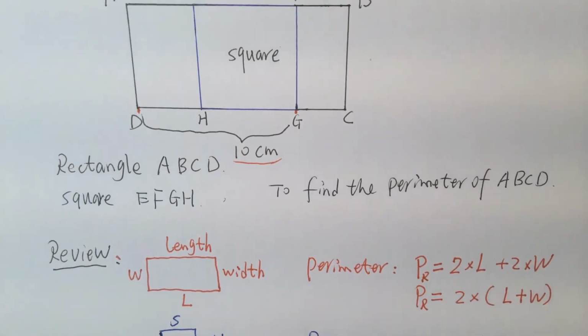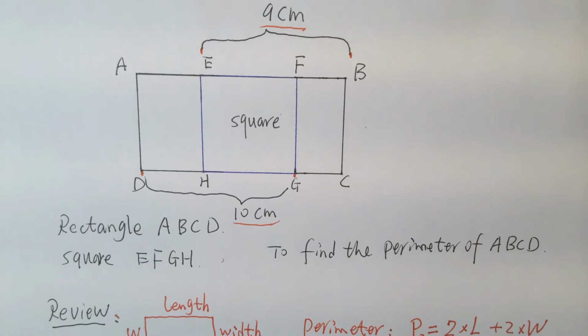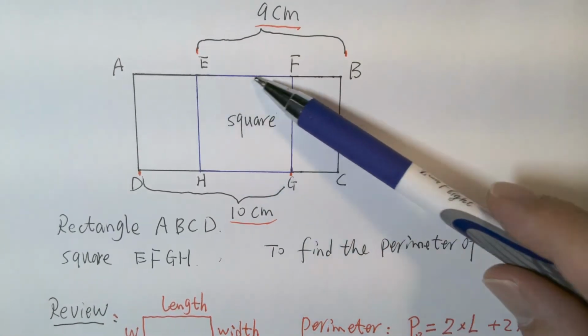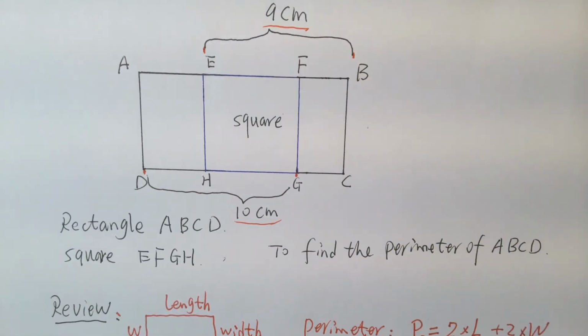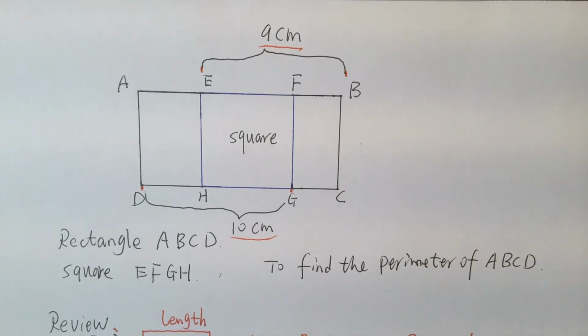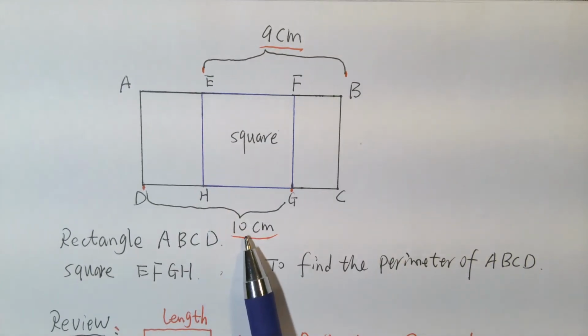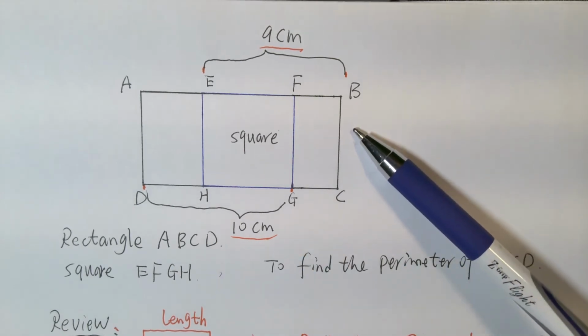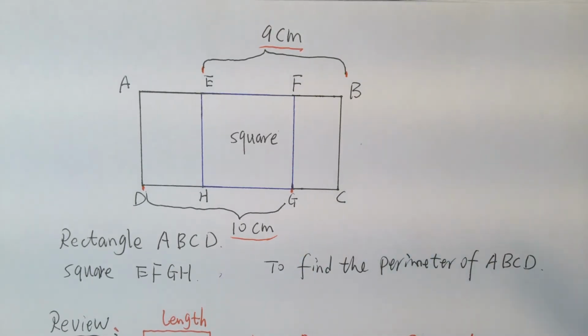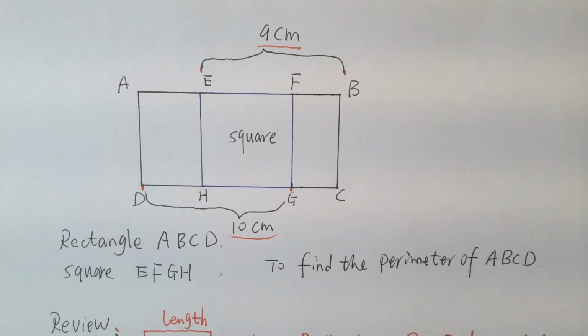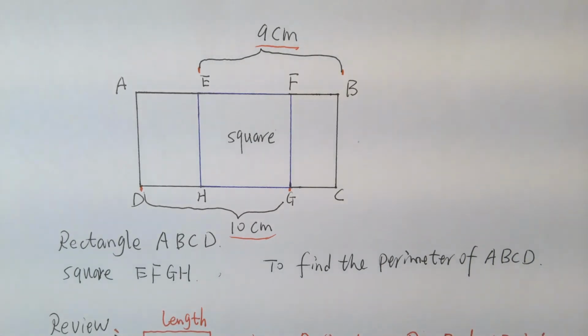Now let's go back here. Do we have all the lengths? On the length there, we only know part of the length. On the bottom, the same. We only know part of the length. And for the width, we don't even know the number. This is a very tricky problem. How do we solve it?